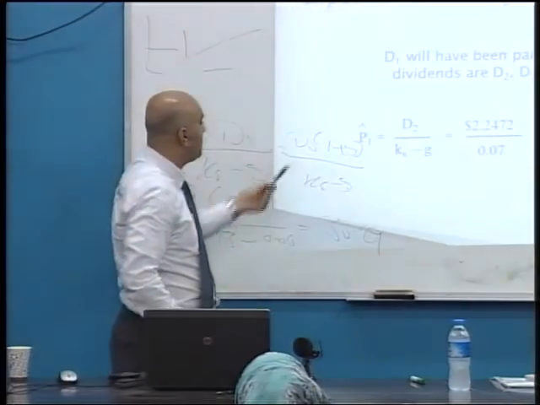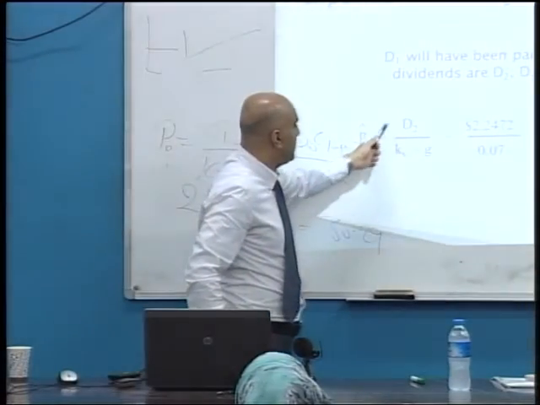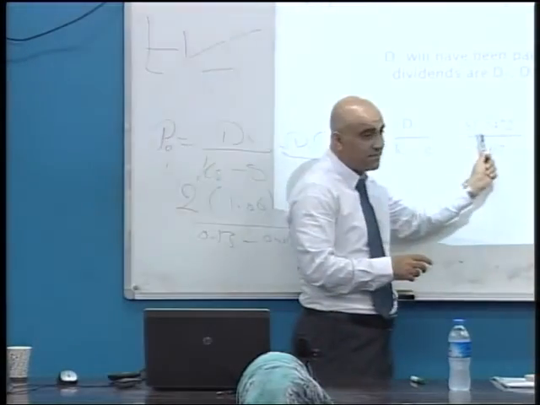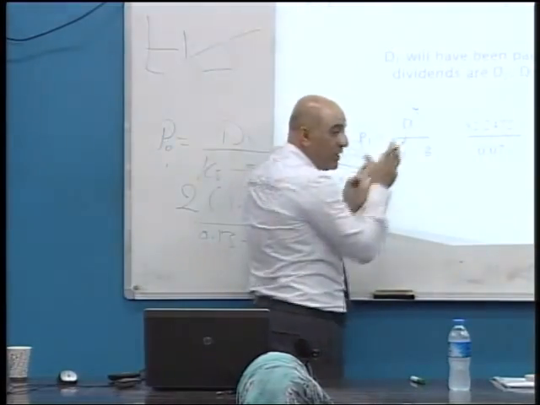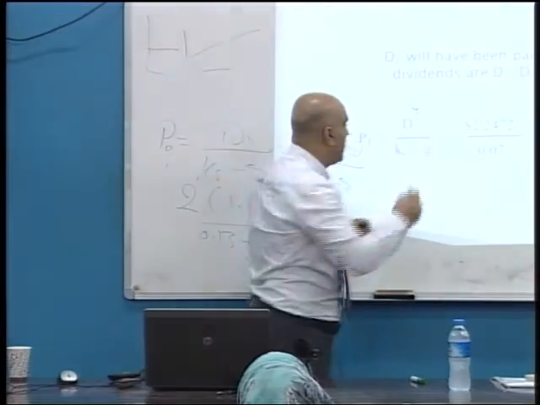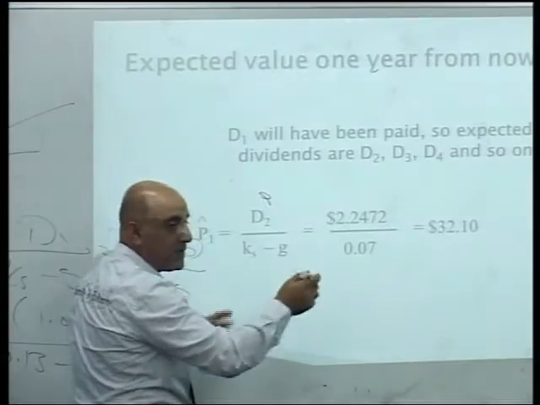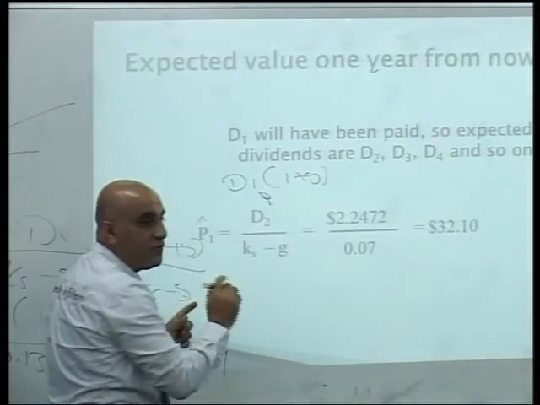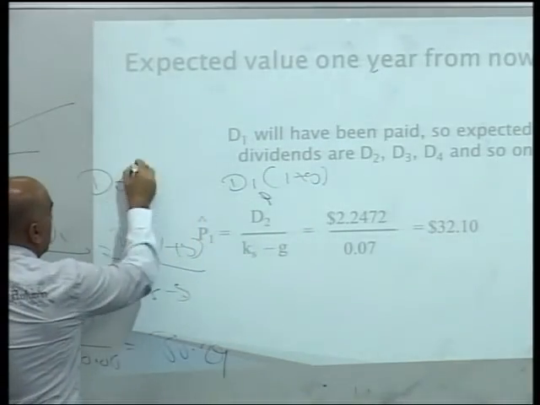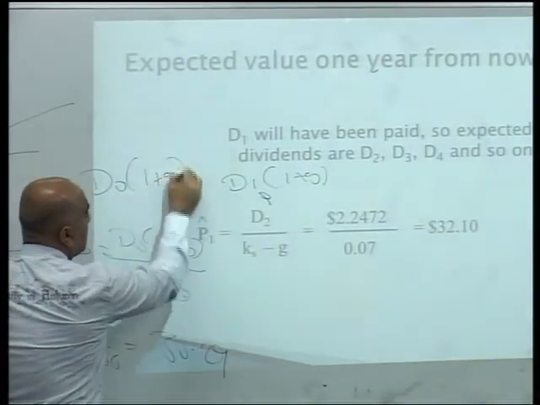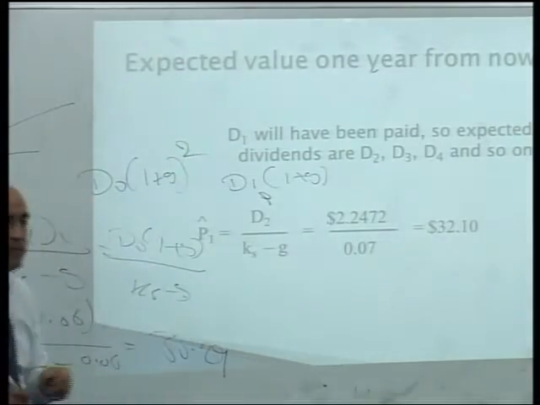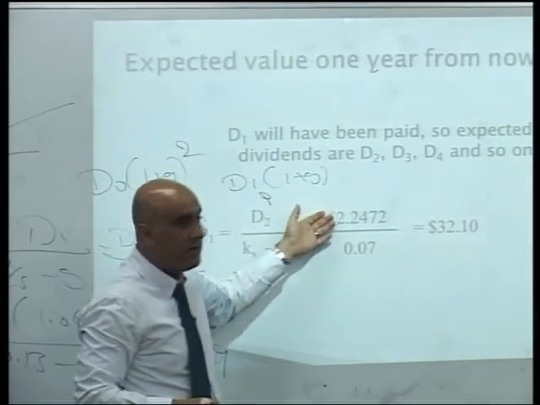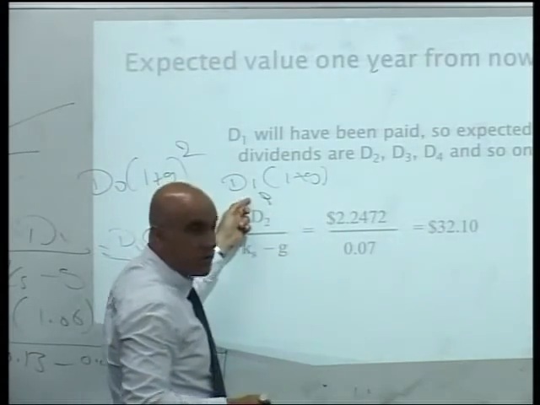Let's see this one. P1 is D2 divided by Ks minus G. And this D2, just to deconstruct, if you write it from D1, it's D1 times 1 plus G. If you write it from D0, it's D0 times (1 plus G) raised to the power 2. Either one is right: use this one if you have D1.